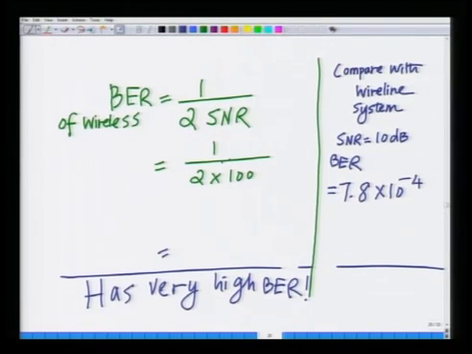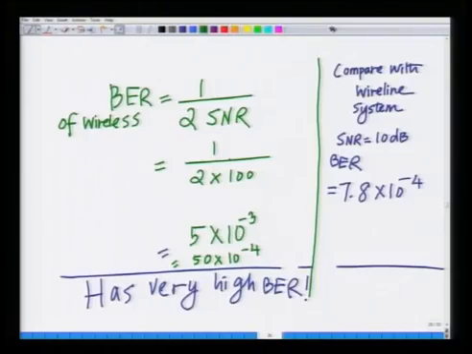So, the bit error rate is 1 over 2 times 100. I said wrongly earlier that this is 0.5 into 10 power minus 3, but this is rather 5 into 10 power minus 3. I apologize for this typo in my earlier lecture. So, the bit error rate at SNR 20 dB is 5 into 10 power minus 3, which is 50 into 10 power minus 4.